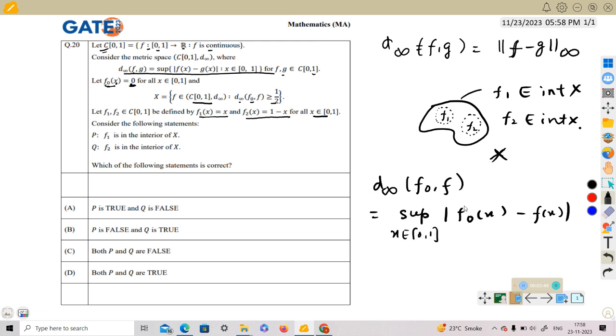This is just another notation, nothing else. f0 is 0, so this will be the supremum over x in [0,1] of |f1(x)|. f1(x) is x, so this is equal to 1. So the distance between f0 and f1 is 1.